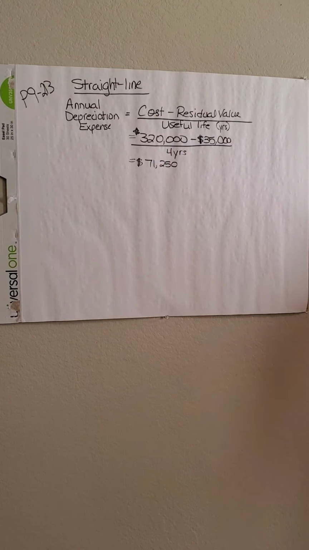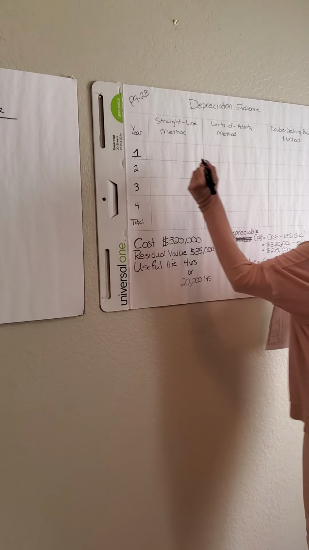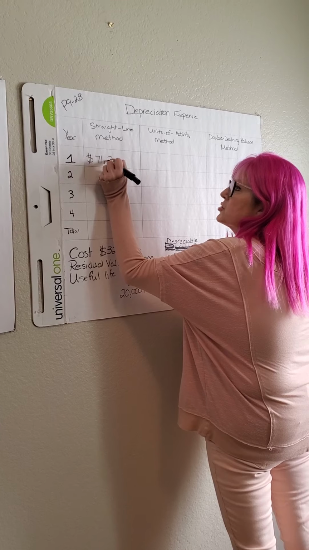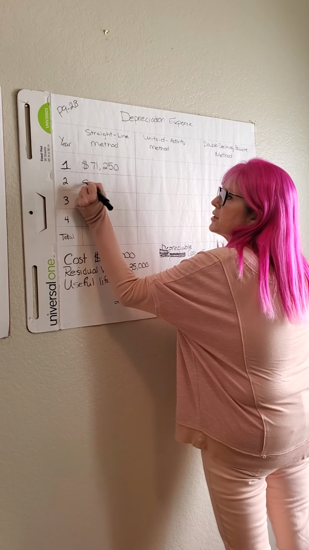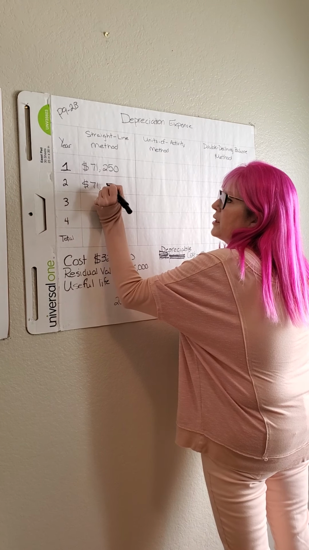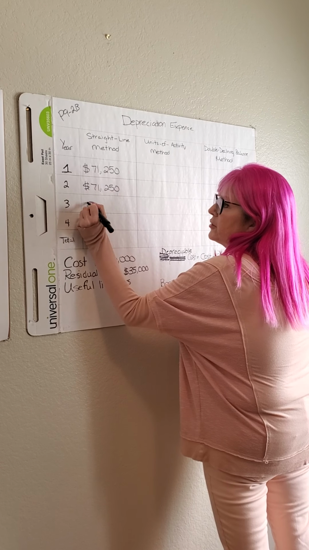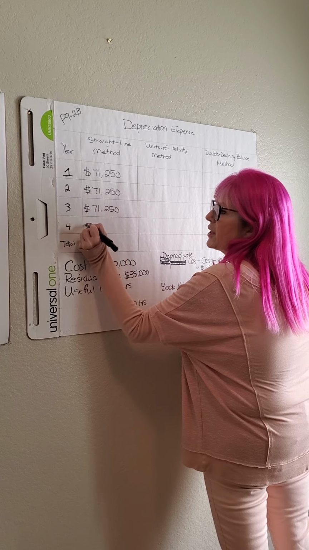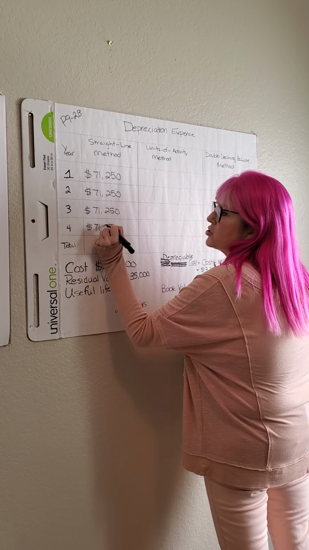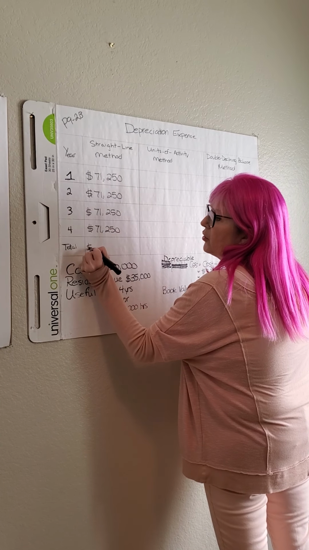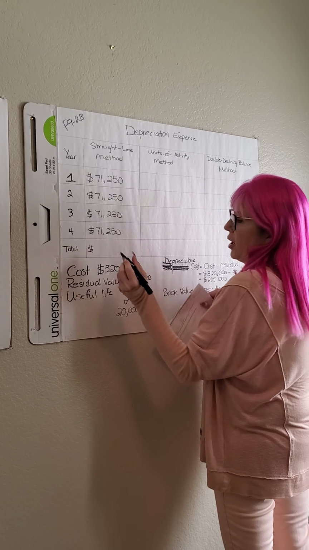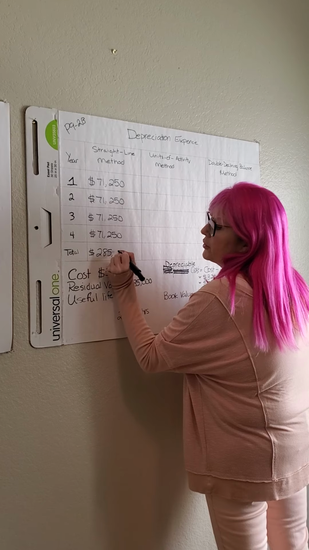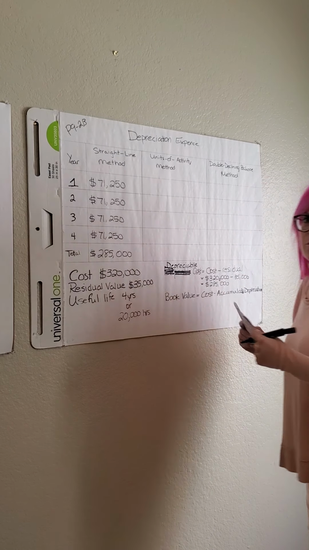So if we move over here, we can just put in for each year the same amount. We've got $71,250, $71,250, $71,250, and $71,250 for a total depreciation taken over the 4-year life of $285,000, right?